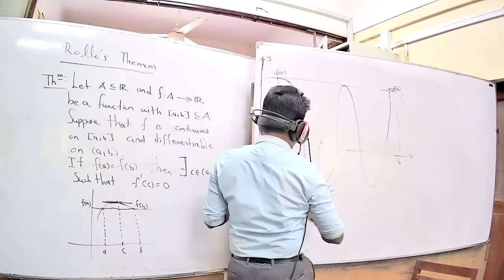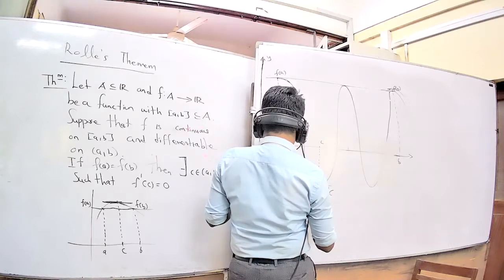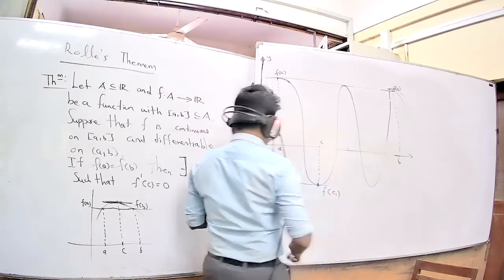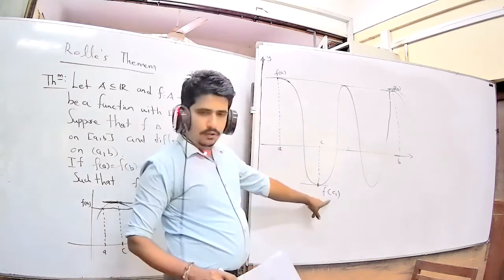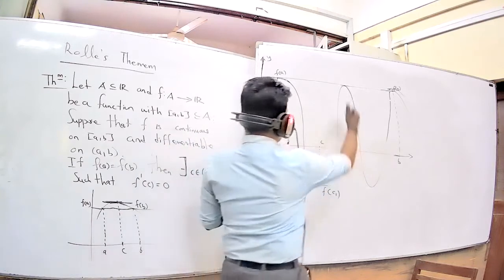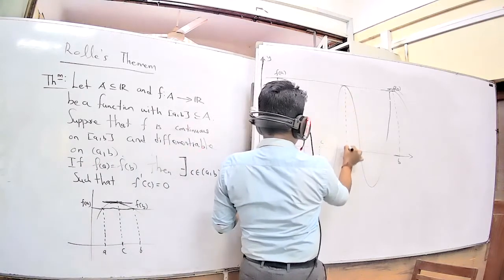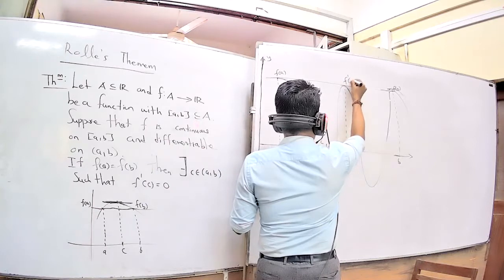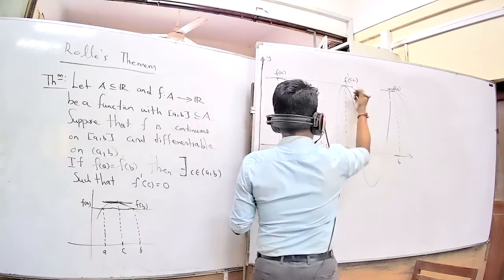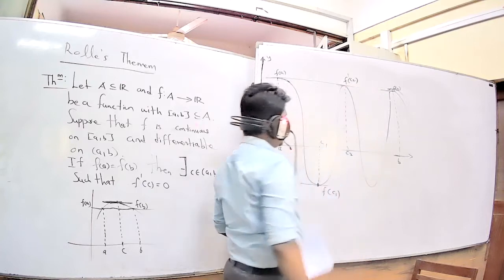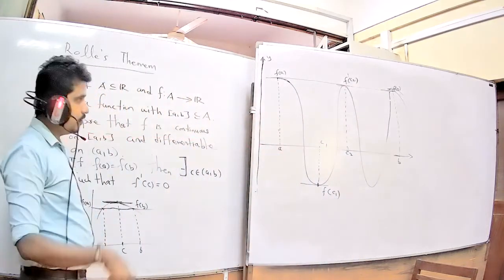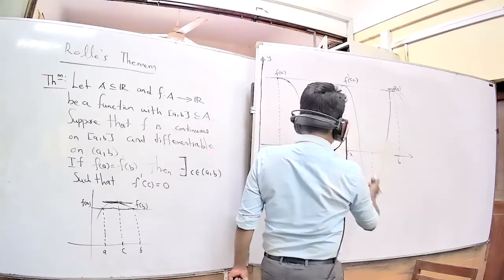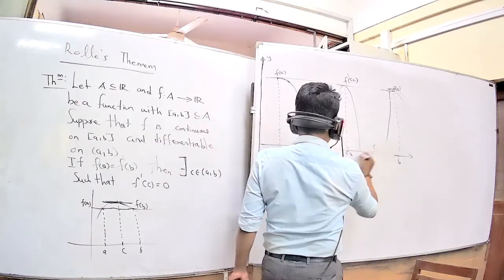Within this interval a, b there will be f of c1, therefore f dash of c1 equals 0. Here is another point, c2, and in this case also the tangent is 0. That means f dash of c2 is 0. Similarly for c3. There are 3 points satisfying this condition, okay?